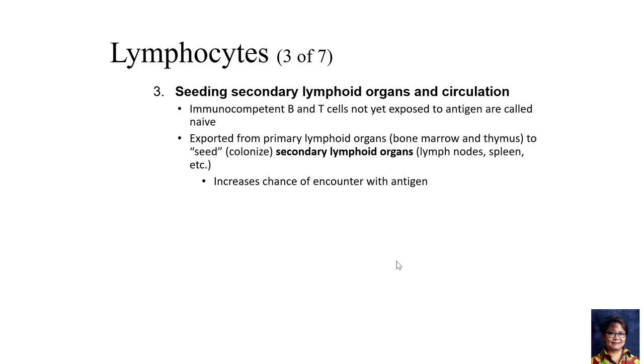So when you have the immunocompetent B cells and T cells that have been released, but they are still naive, they have not been exposed to the antigen, they're exported from the primary lymphoid organ, which is the bone marrow and the thymus, to seed or colonize the secondary lymphoid organ, the lymph nodes and your spleen, okay? This will increase the chance of encounter with antigen.